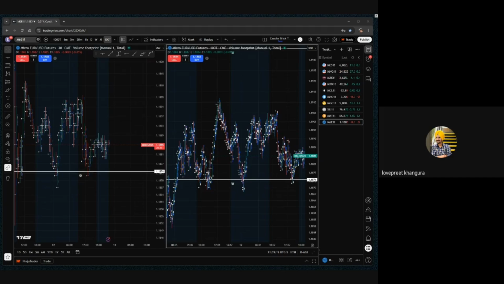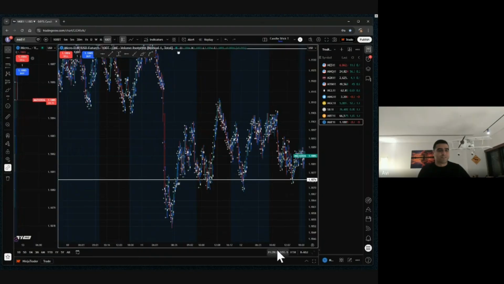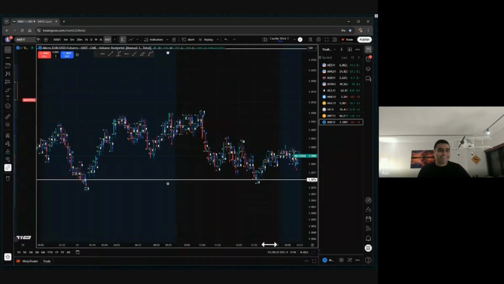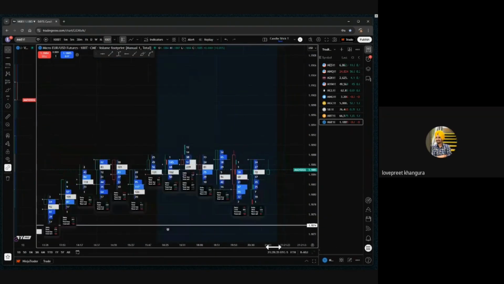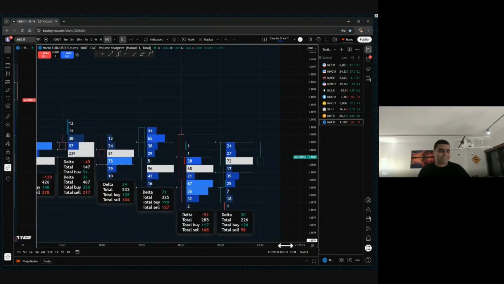What are these white ticks on the charts? It's just decoration. Makes it look pretty. Nothing more. Looks like Christmas. Yeah, I'll show you. So these are the highest volume in that candlestick. These are the footprint charts.